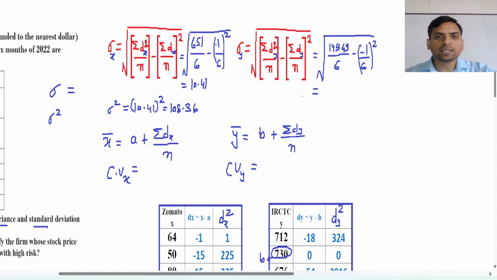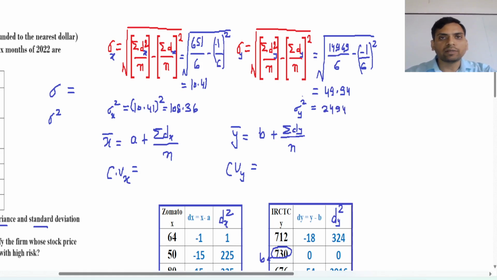Then you will see this sigma y equals to 49.94, and for variance of this, this is sigma x square, this is sigma y square. So square of this you will get as 2494.